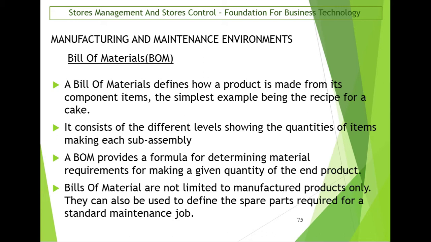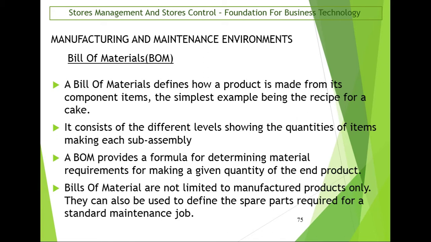So in other words, the bill of quantities or bill of materials shows you exactly how we put together different components to come up with sub-assemblies, and then we put together those sub-assemblies to come up with the overall product or the end product. So a bill of materials provides a formula for determining material requirements for making a given quantity of the end product.